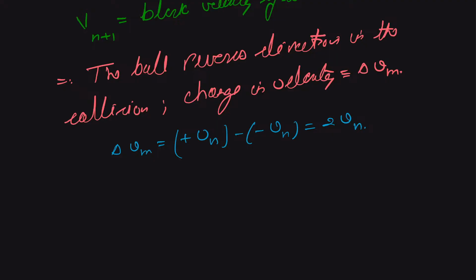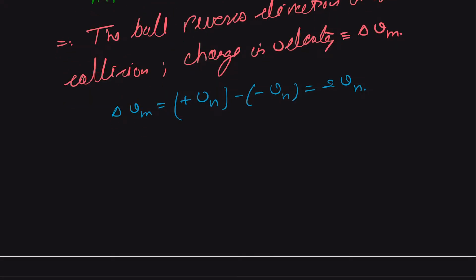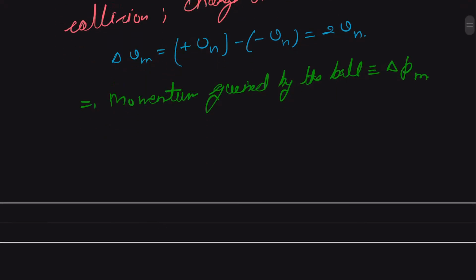Based on this, we can find out the momentum gained by the ball, and let us call this delta P of m.